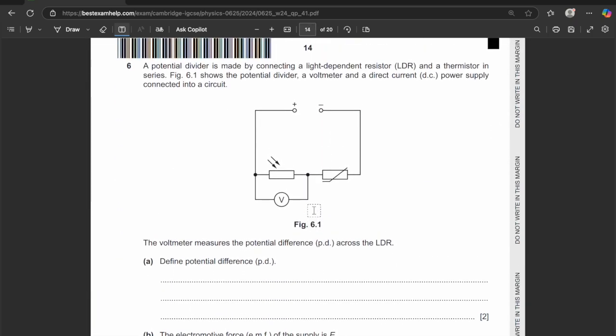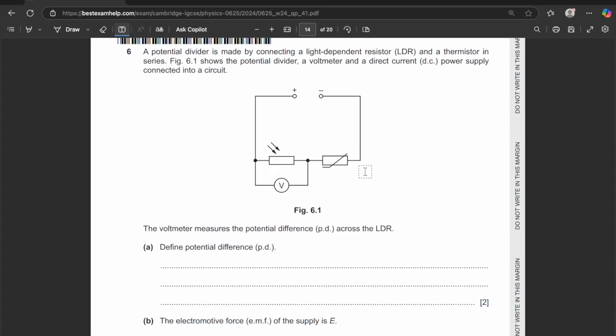So number 6, a potential divider is made by connecting a light-dependent resistor, LDR, and a thermistor in series. Figure 6.1 shows the potential divider, a voltmeter, and a direct current power supply connected to a circuit. So the voltmeter measures the potential difference across the LDR. Define the potential difference.